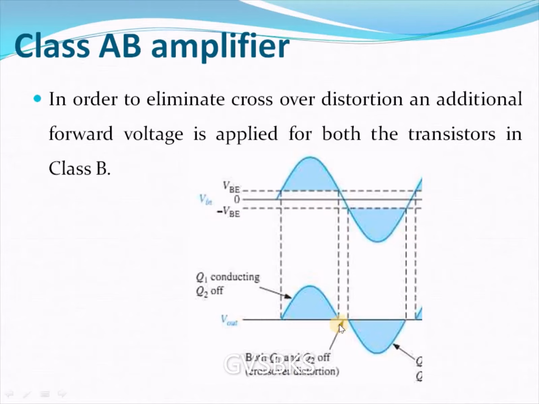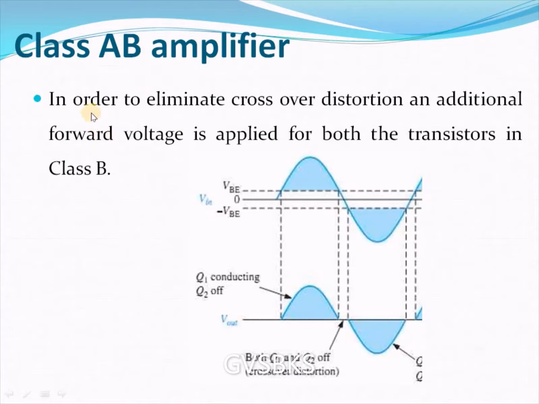So at this time we will get 0 volts at the output side. This is called crossover distortion. This crossover distortion is a main problem in push-pull type of power amplifiers. So in order to eliminate that, we are going for class AB type of power amplifiers.